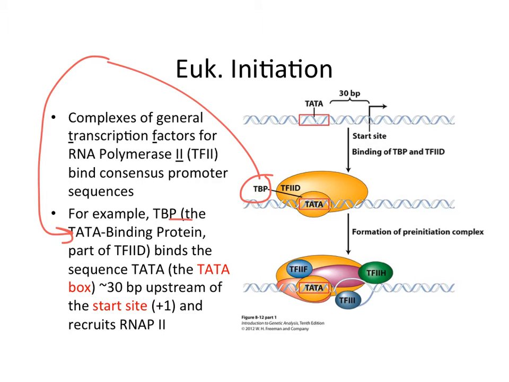It's like sigma factor. It recognizes a specific DNA sequence that's in the promoter of a gene, it binds to it, and it brings RNA polymerase to the gene. There are a lot more proteins involved in eukaryotes than prokaryotes, but the concept is the same thing. One protein recognizes one sequence in the promoter, and then it drags RNA polymerase in and says, hey, start transcribing.